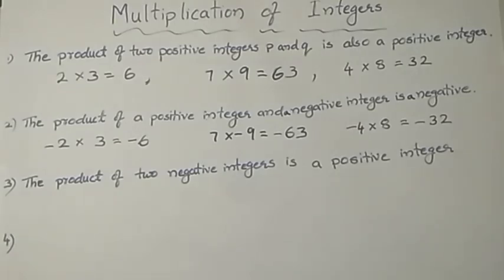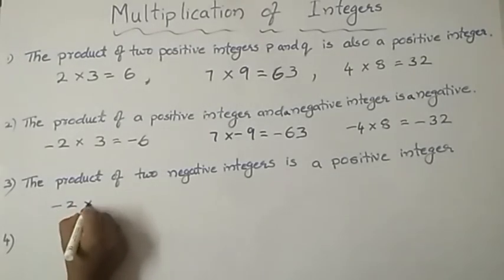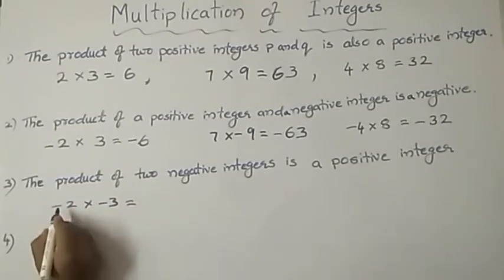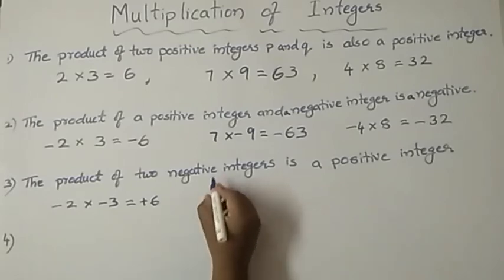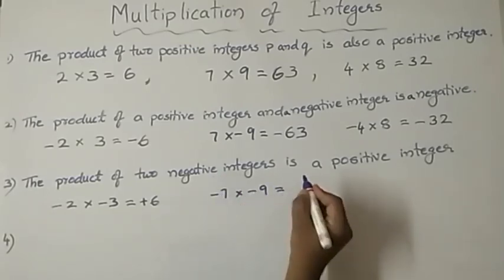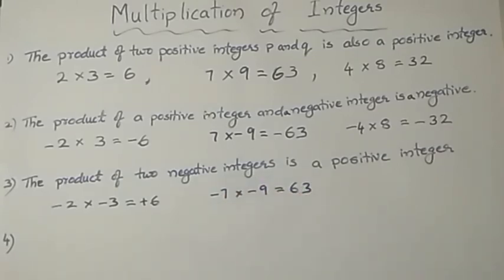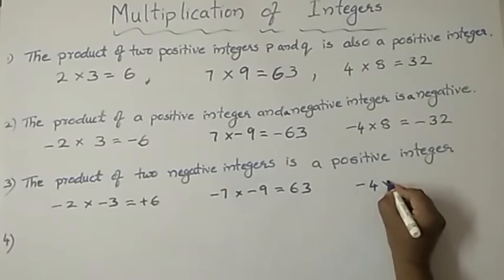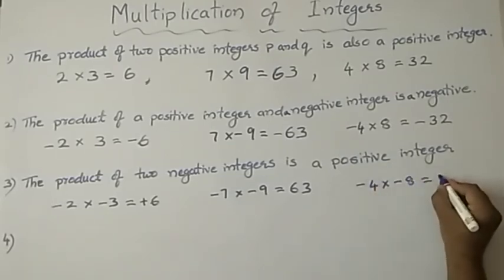Third one is the product of the two negative integers is a positive integer. Now I am taking the two negative integers. -2 into -3, minus into minus plus, 2 3s are 6. -7 into -9, minus into minus plus, 7 9s are 63. Here -4 into -8, minus into minus plus, 4 8s are 32.